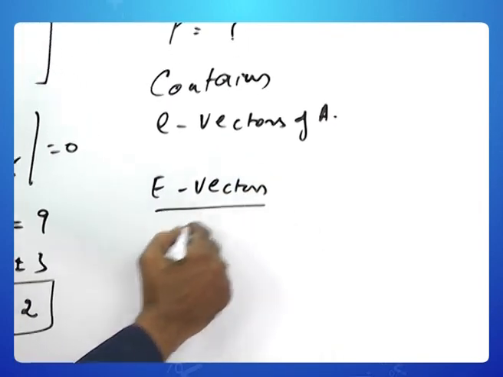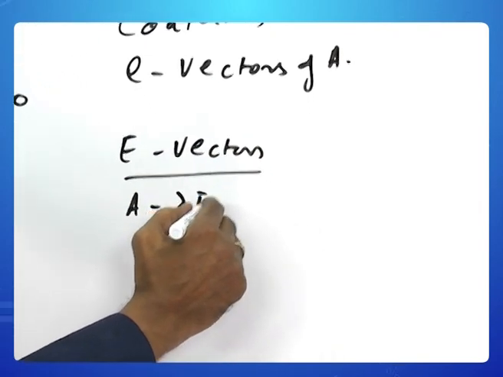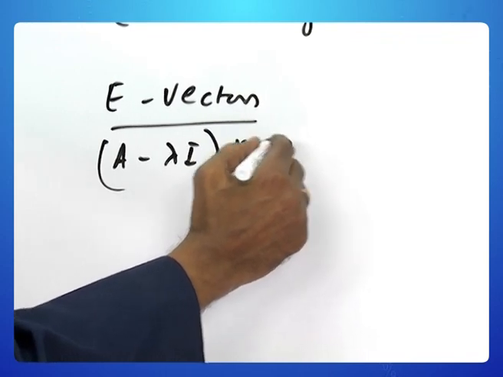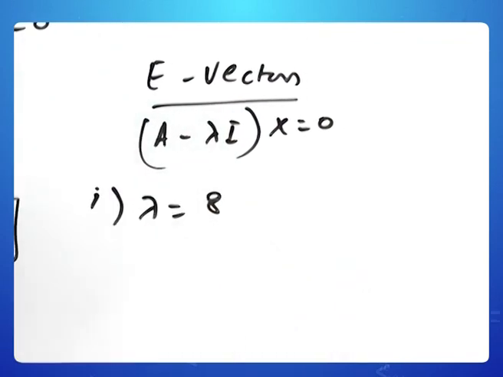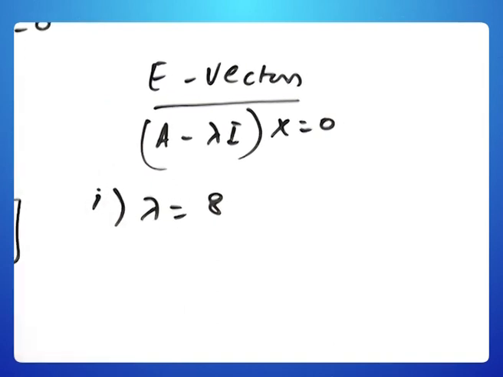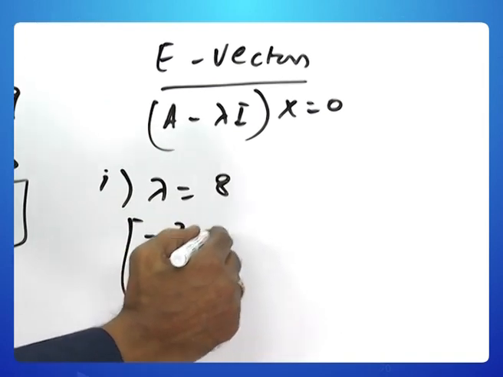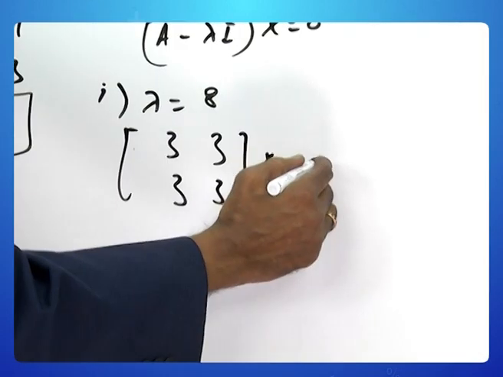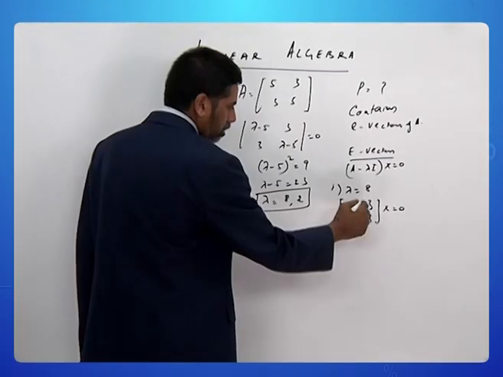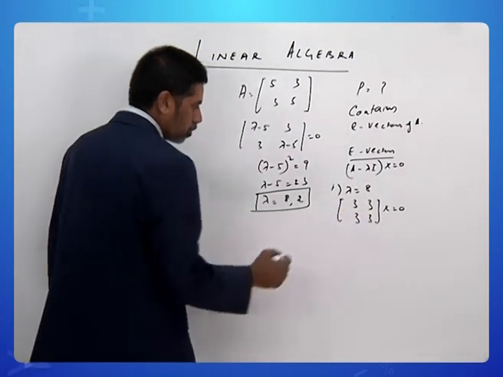Eigenvectors. So let's take A minus lambda I into x is equal to 0. Case 1, when lambda is 8. Put lambda is equal to 8 here. You will get minus 3, 3 and 3, 3 into x is equal to 0. These two are linearly dependent rows.